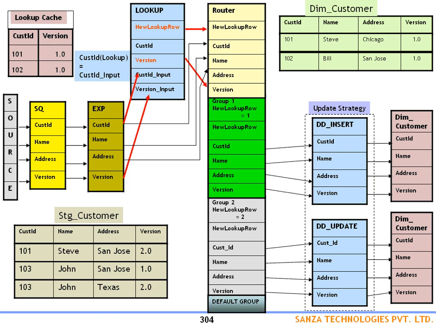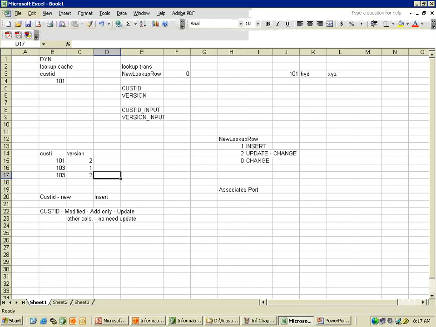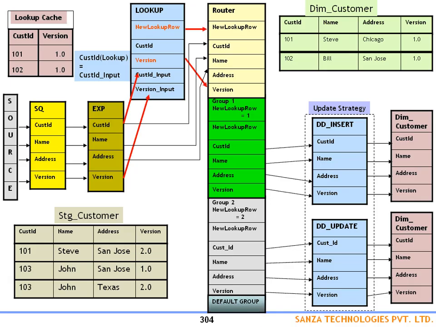Different mappings, different ways of doing it. Same customer ID will not give the change; any associated column will give the change. So here in this business case, it is version which will indicate the change. So I used version as my input and version from my lookup.